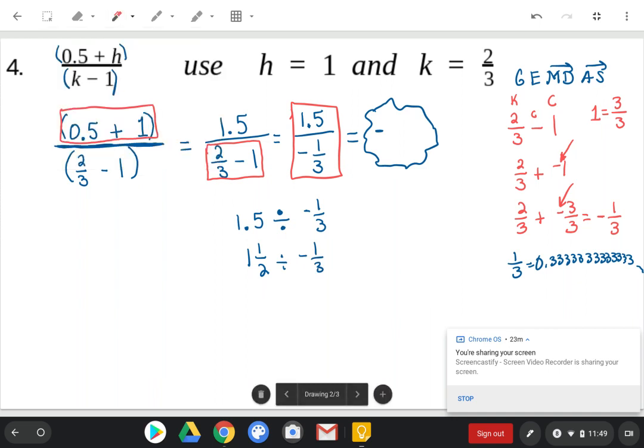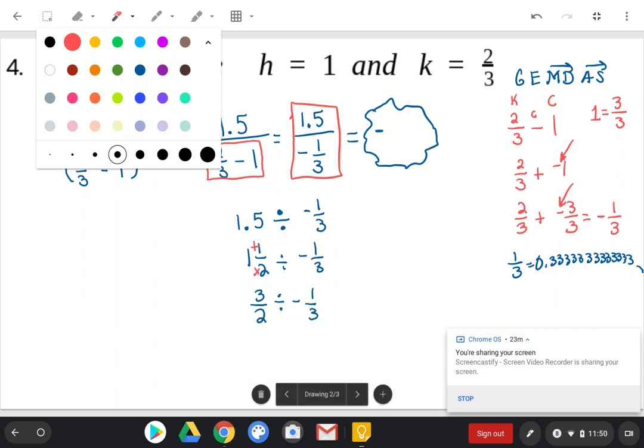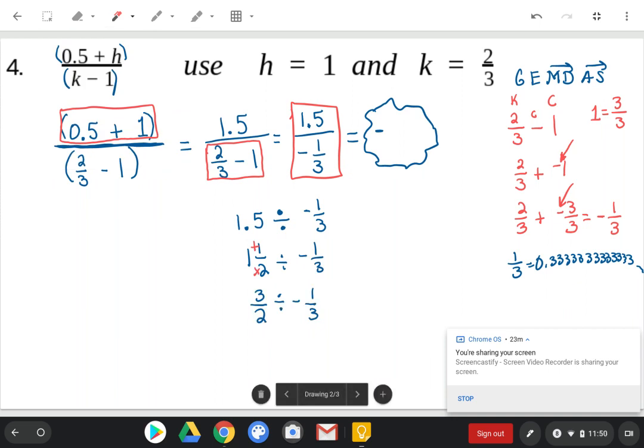So now I'm following my division rules for fractions, okay? So I need to go 2 times 1 is 2, plus 1 is 3. So that would give me 3/2 divided by -1/3. Okay, so according to my fraction division rules, I need to multiply by the reciprocal, also known as keep, change, flip.